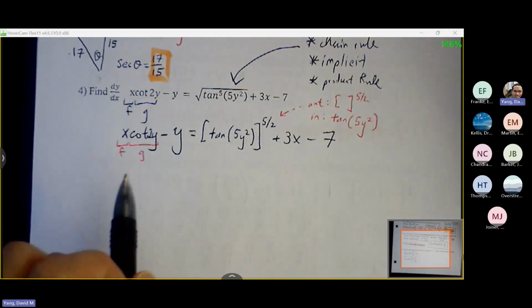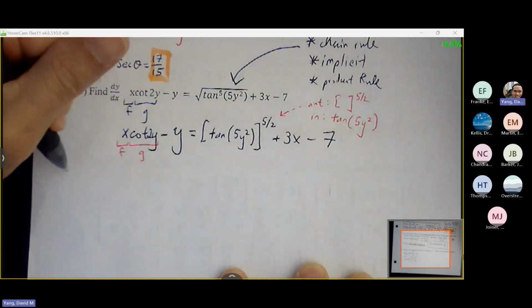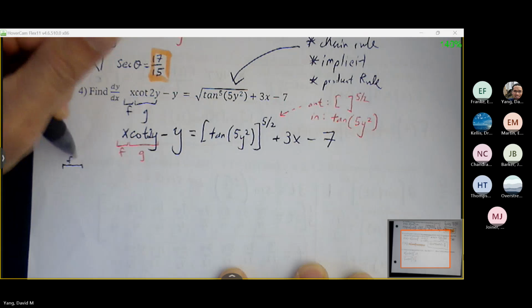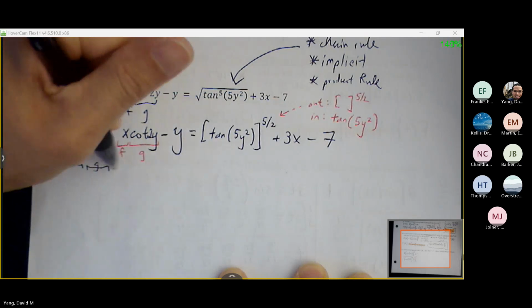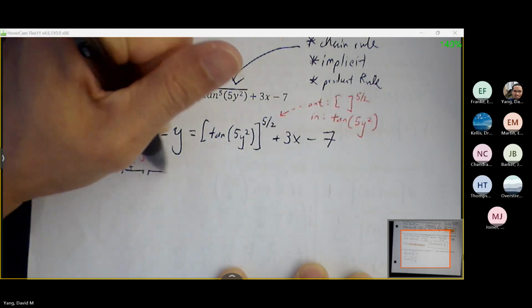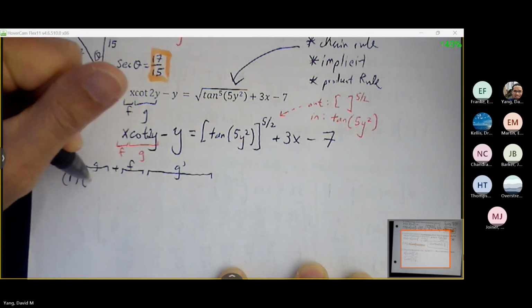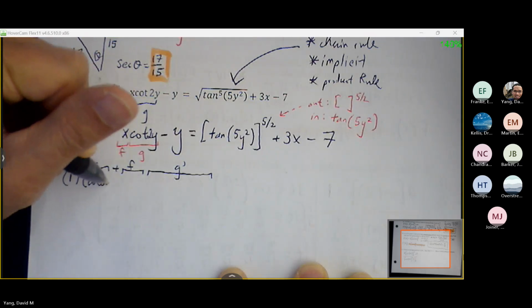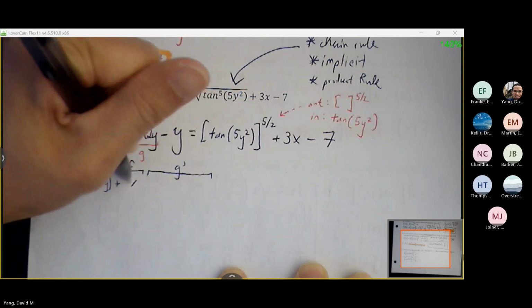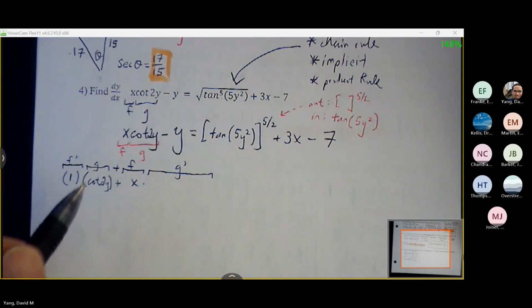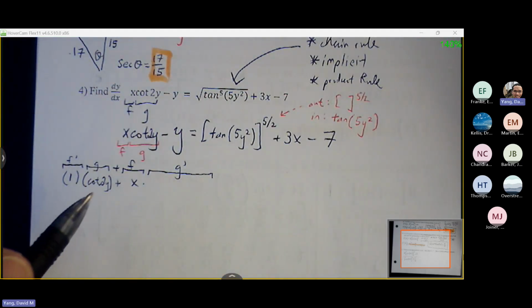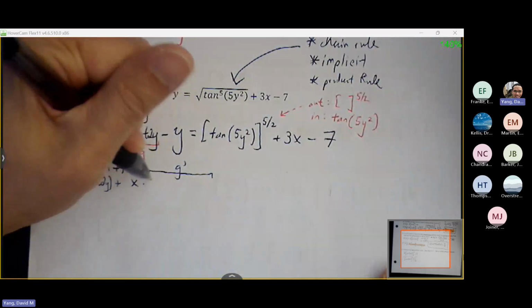All right, so we'll go through product rule here. Cotangent u becomes negative cosecant squared u times u prime.